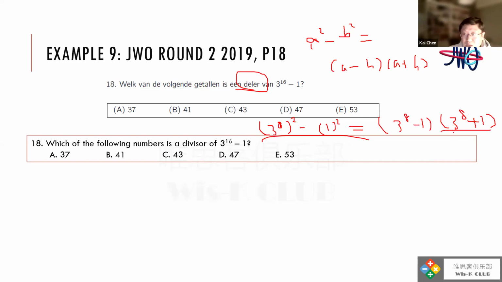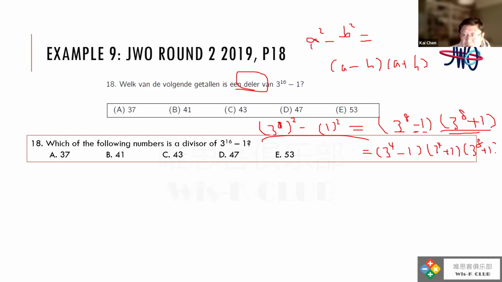And this part we can do nothing because it's already plus. But here's a minus again, 1 is a square of 1 and 3 to the 8th we can write as 3 to the 4th minus 1 and 3 to the 4th plus 1. And of course, don't forget the last one, 3 to the 8th plus 1.